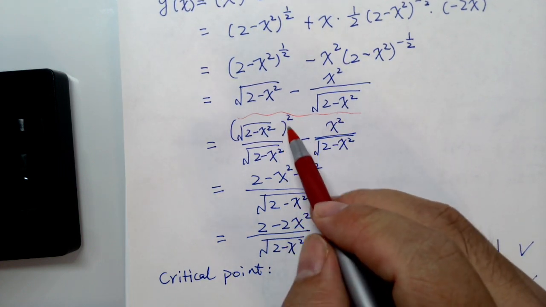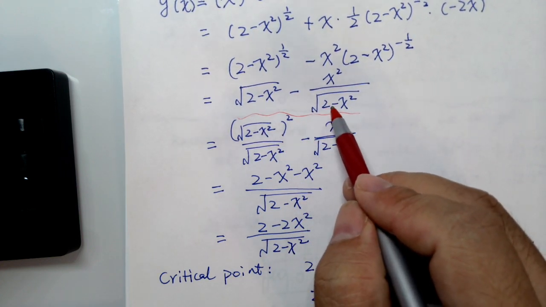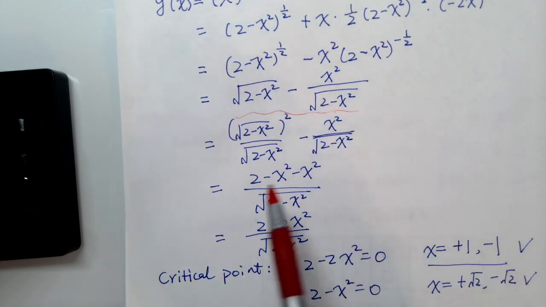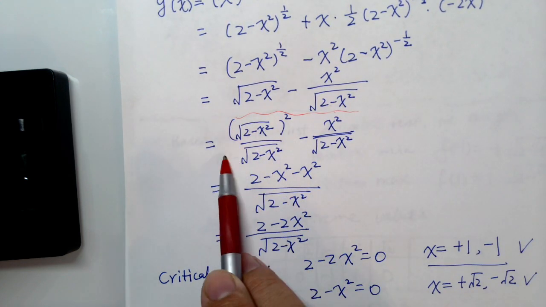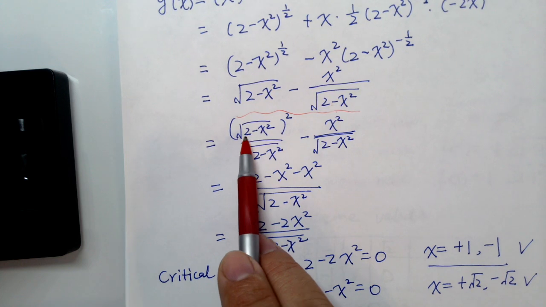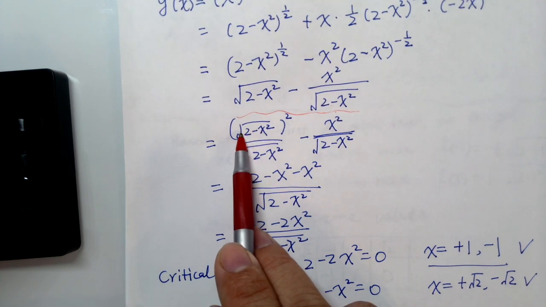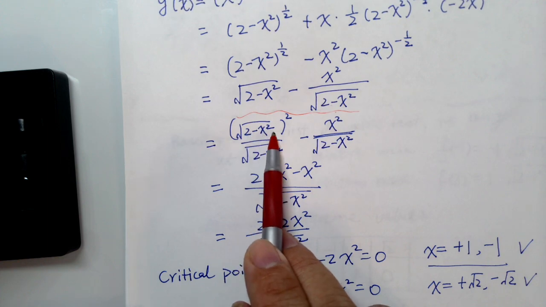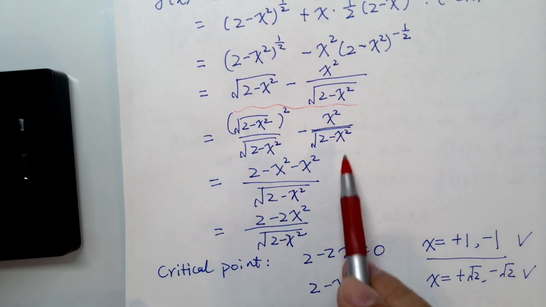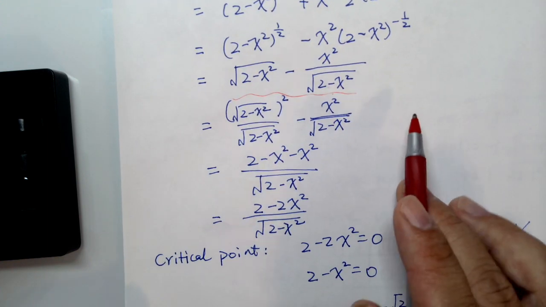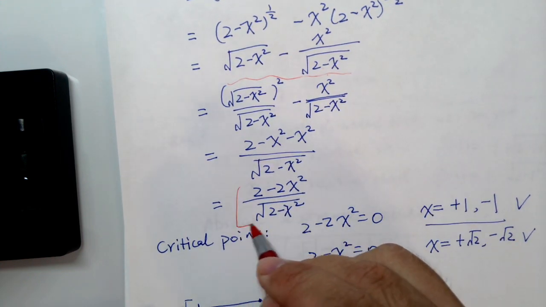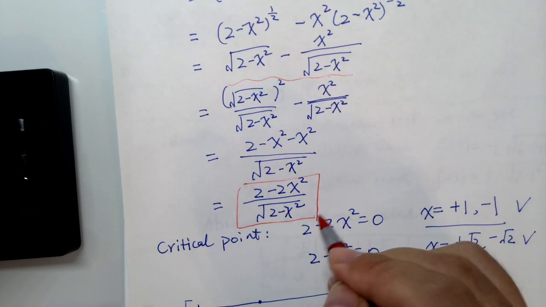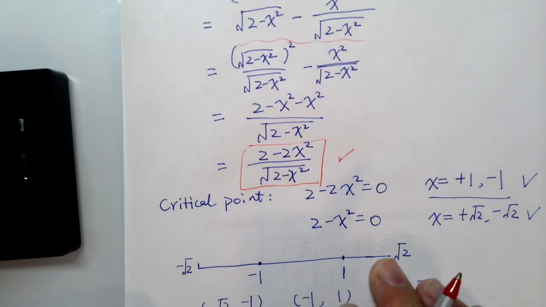As you can see, you multiply the square root of 2 minus x squared over itself, which gives us this. On the top the square root cancels out, leaving only 2 minus x squared. That's why we can combine this as one, so this is the simplified expression for my derivative.